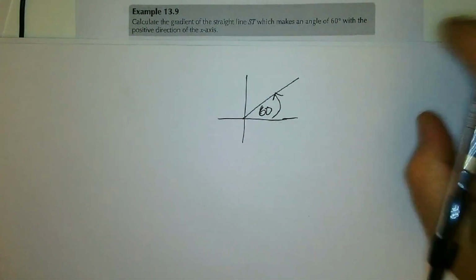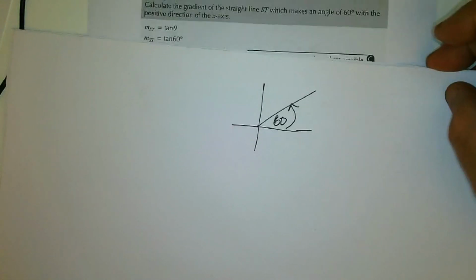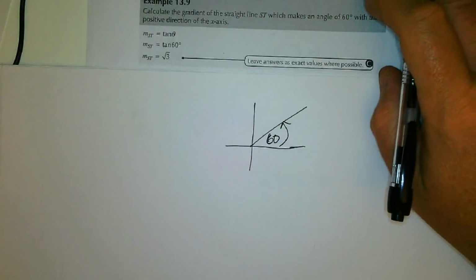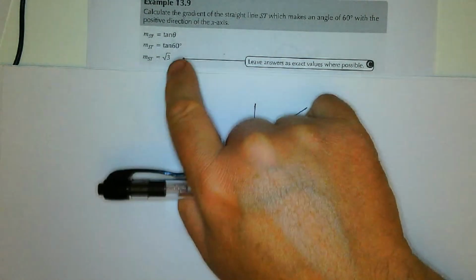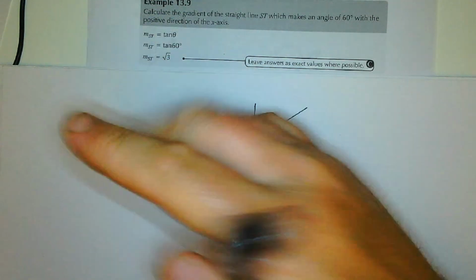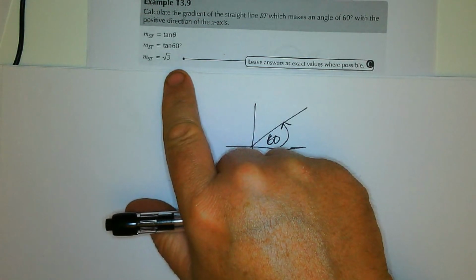That's what you've got in your head, right? So that would then trigger you to go straight to the following. The tan of 60 is root 3, and we'll talk about these values later on in the course. Tan of 60 is root 3 or whatever it is in your calculators, but that's the gradient.